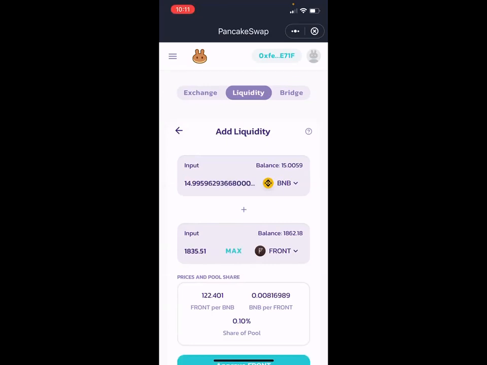So I can only spend 15, right? And then that turns down the 1862 to 1835. So that's let's say 27 tokens. I'll do 28 tokens. I'm going to switch 28 tokens of Front to get the additional 0.2 of BNB is basically what it's saying will happen.